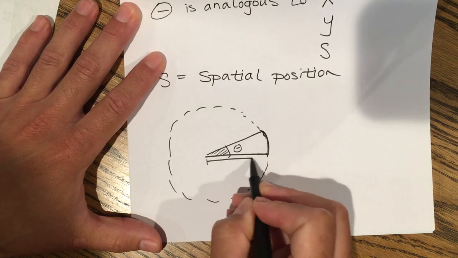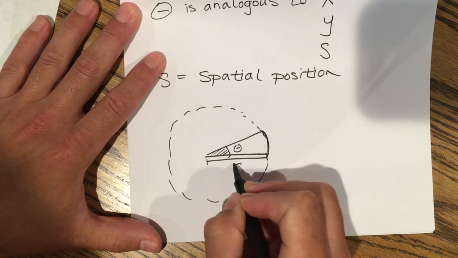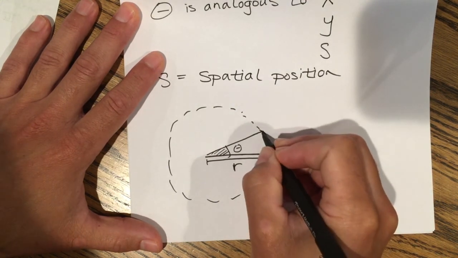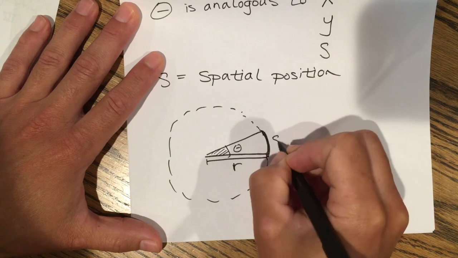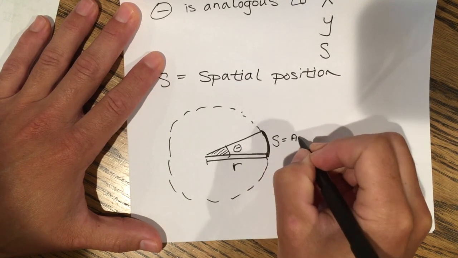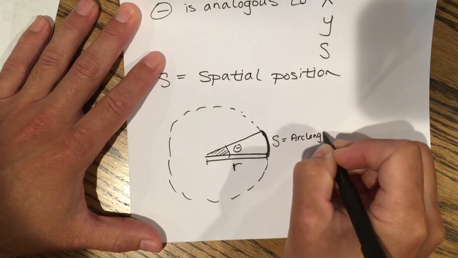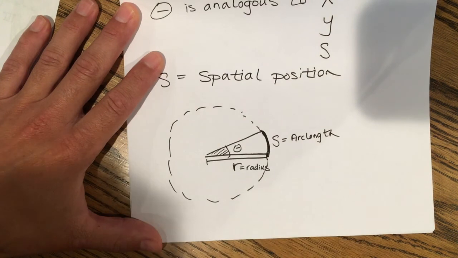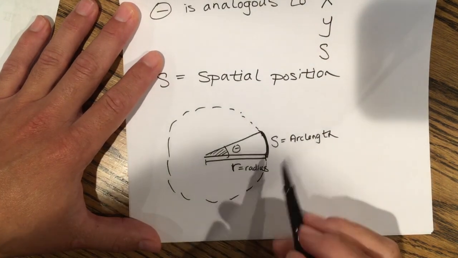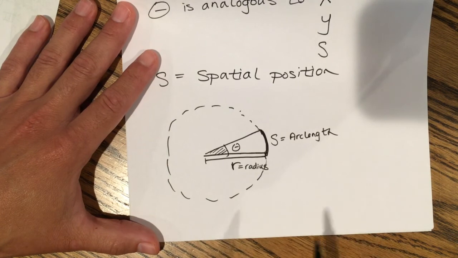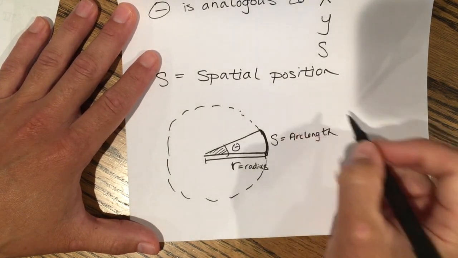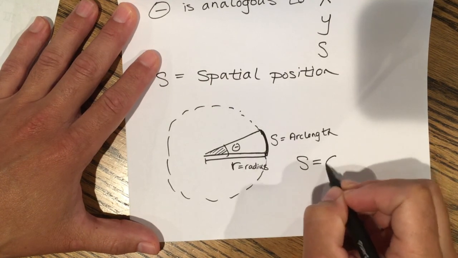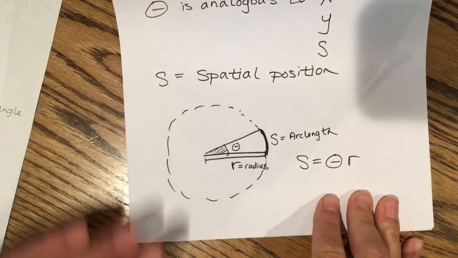And this distance right here is r. And r is, if this is a circle, r is just the radius, right? Well, right here, we'll call this the arc length, and we'll set it equal to s. And r is the radius, and theta is our angle. And what we can see by looking at this is that there's actually a relationship between the three, and that is that the arc length is equal to theta times r.